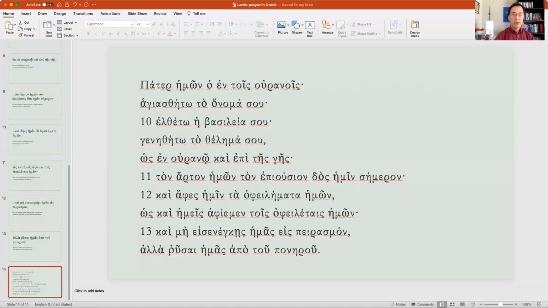Ton arton hēmōn ton epiousion dos hēmin sēmeron. Kai aphes hēmin ta opheilēmata hēmōn. Hos kai hēmeis aphēkamen tois opheiletais hēmōn. Kai mē eisenenkēs hēmas eis peirasmon. Alla rhysai hēmas apo tou ponērou.